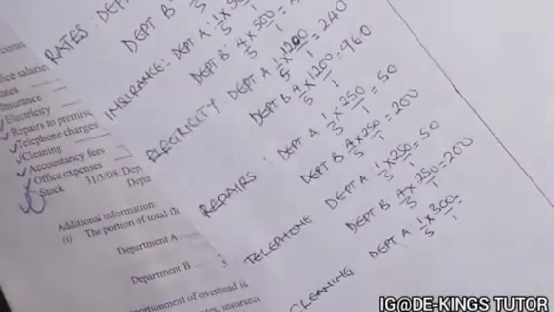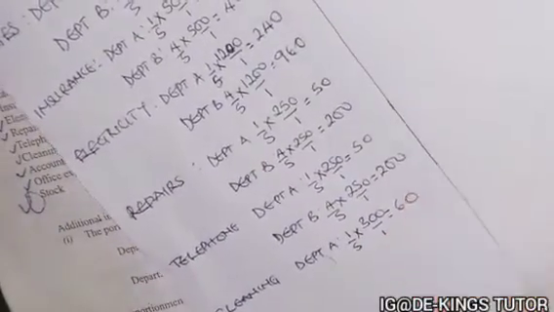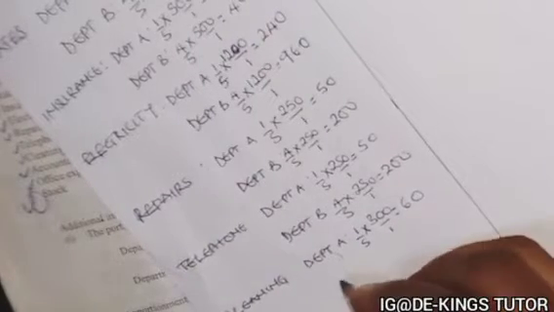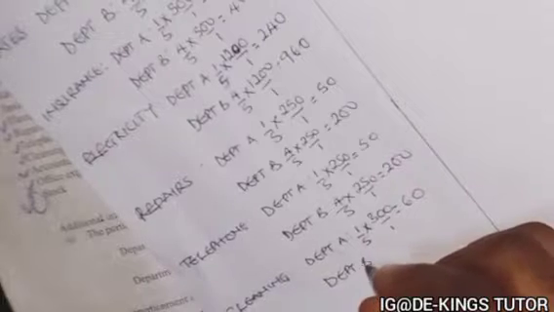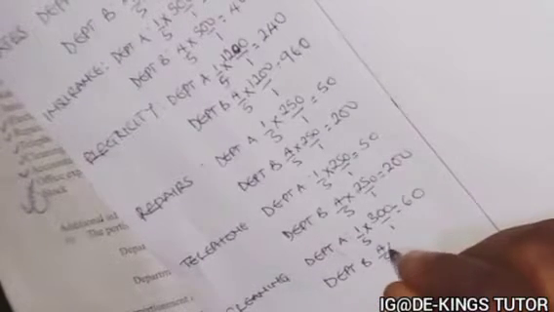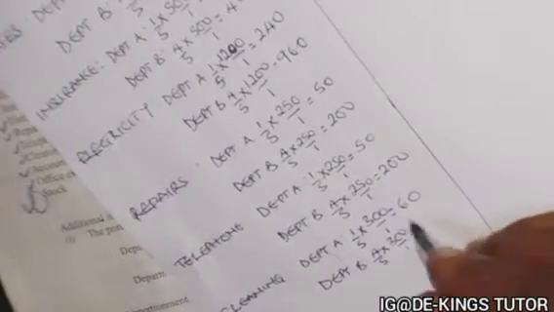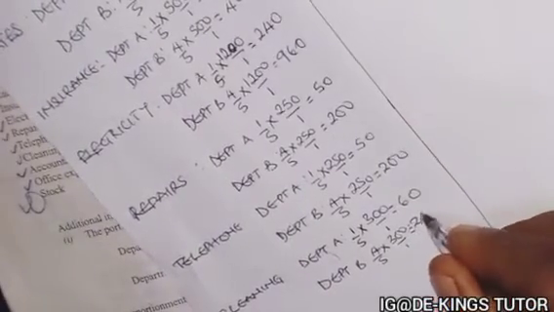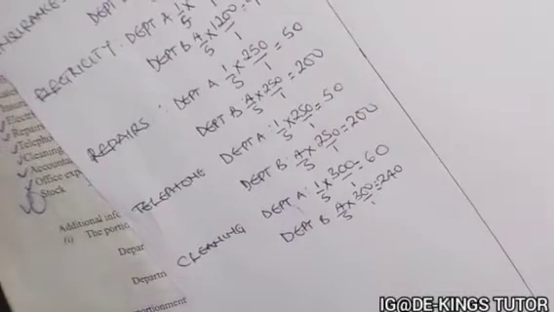Okay, so if we use our calculator, 1/5 times 300 will give us 60. While for department B, it will be 4 over 5 times 300 over 1. So 4 over 5 times 300 over 1 will give us 240. So that is all for the apportionment as regards the area.